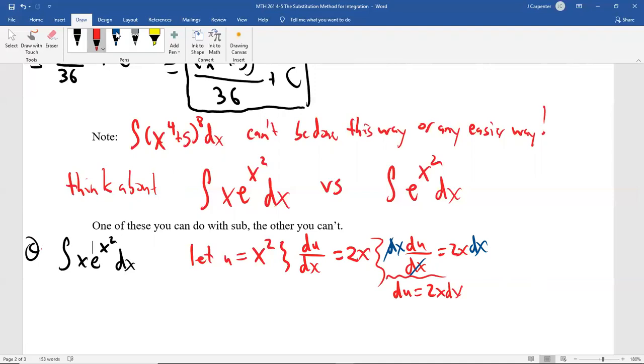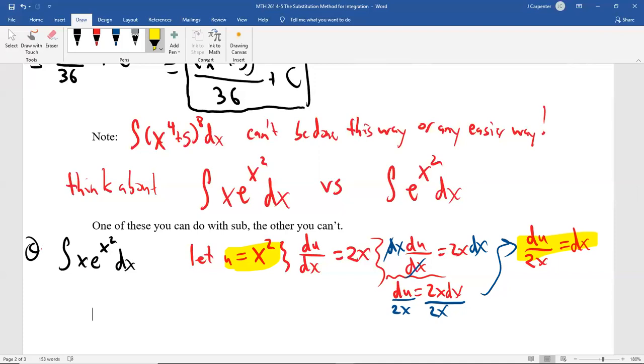And then we're going to divide both sides by the 2x because we're supposed to be solving for dx. And what that gives us, finally, is that du over 2x is equal to dx. And it is this that we have to plug in along with this.